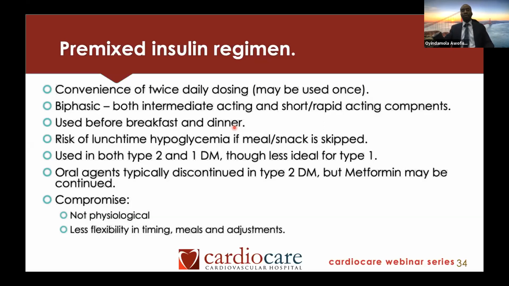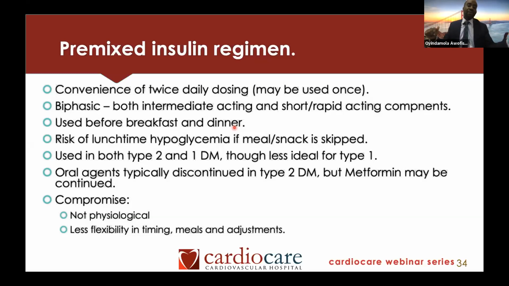For most people with either type 1 or type 2 diabetes, by 1 or 2 p.m., if they don't take their lunch, they will start to have hypo symptoms, especially if they were physically active at their workplace or in school. So lunch is actually compulsory at that time, otherwise you can have hypo symptoms.